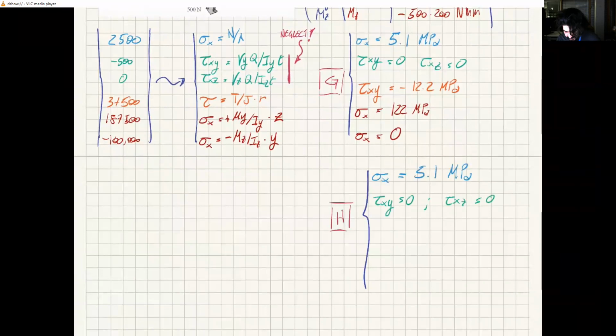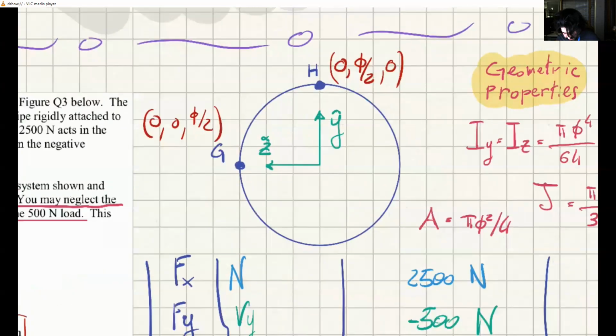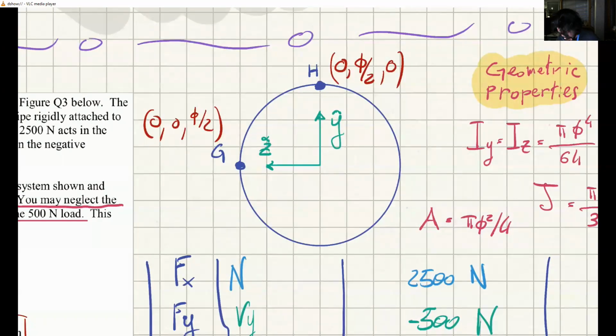Tau xy in this case is not relevant, because this is the twisting torque we are looking at. So the tau in consideration is this one, which is a tau xz, and it's positive because it's the same direction of z.